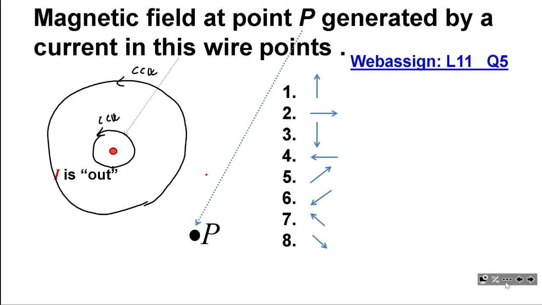And if I want to draw a magnetic field vector, all I have to do is just draw an arrow which is tangent to the line. This is magnetic field vector, this is magnetic field vector, this is magnetic field vector. But it is hard to draw a perfect circle, as you can see.